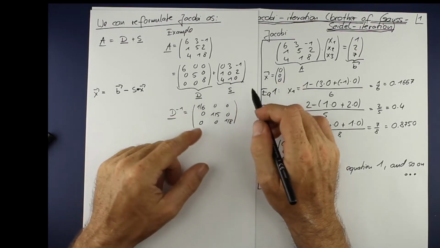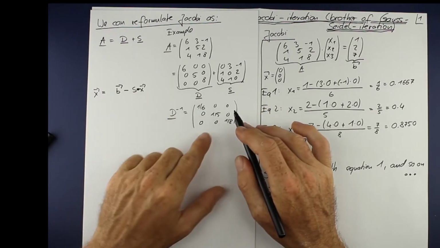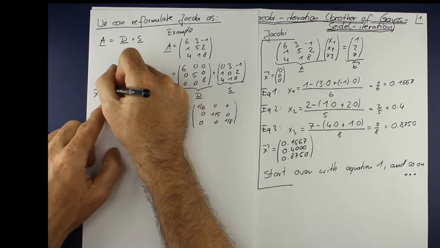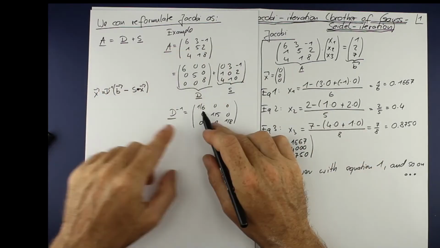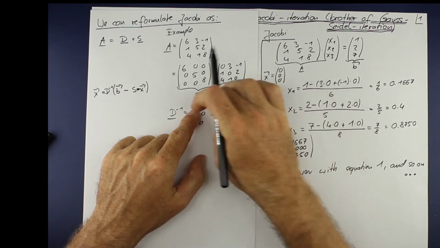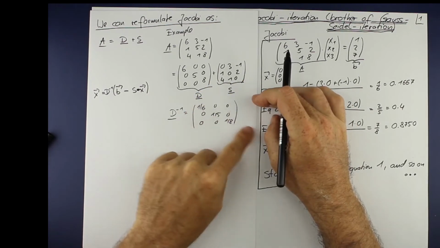Normally we can't invert by doing so, but for diagonal matrices we can. And so we can multiply by D inverse. Why is that true? Because a diagonal matrix times a vector multiplies each element with the diagonal element.